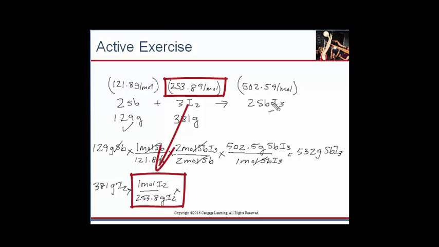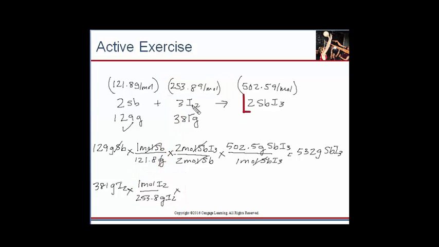We want now the relationship between this product and this reactant, which is 2 to 3. So 2 moles of SbI3 for every 3 moles of the I2. Grams cross out, moles of I2 cross out. I've just solved for moles of this, but I'm going to turn it into grams.